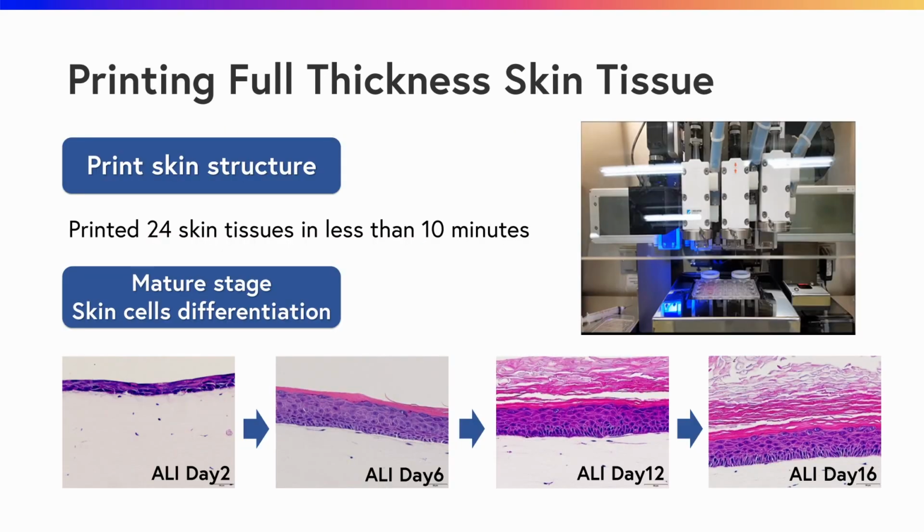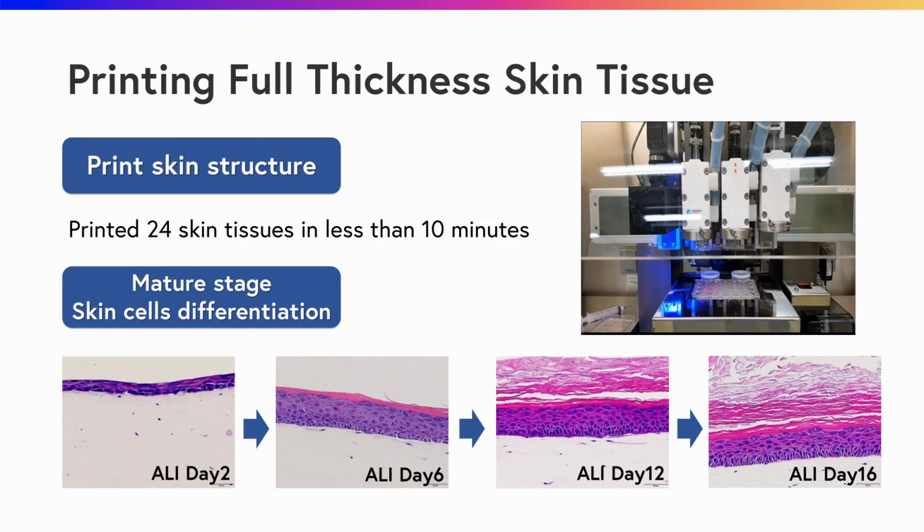Here shows the printing of full thickness skin tissue. We have 3 modules of the printing system to make sure of the printing of the dermal layer and the epidermal layer. And now this system is the first in class in the world, with the most efficient differentiation of skin tissue in only 6 days.